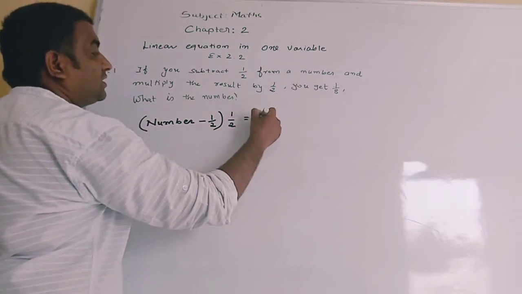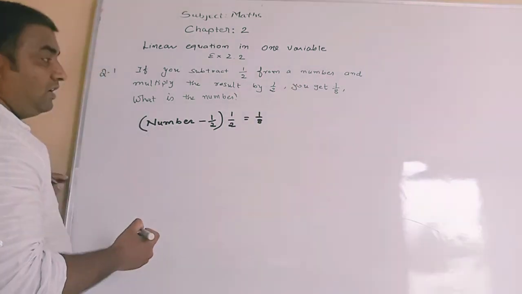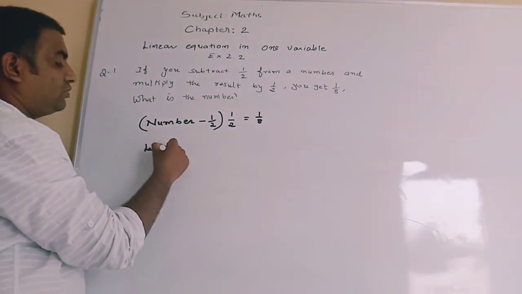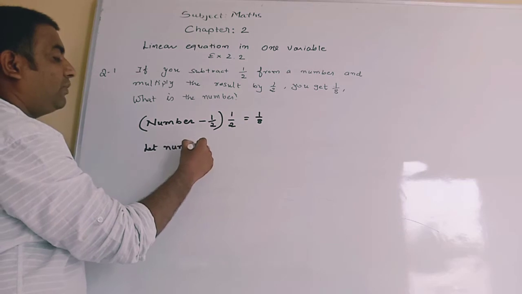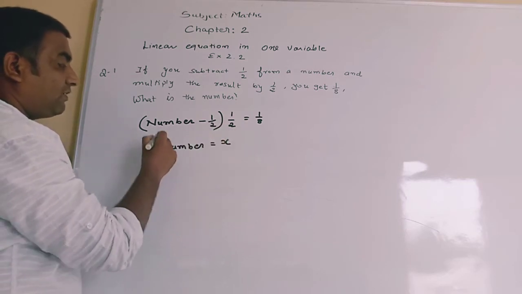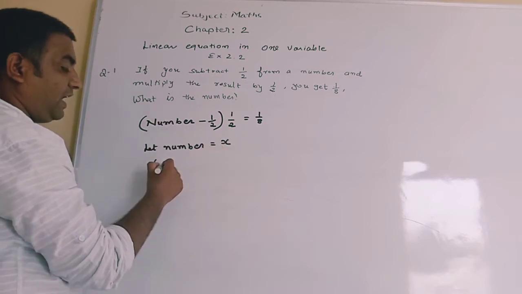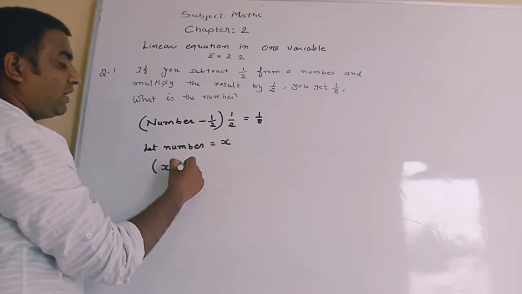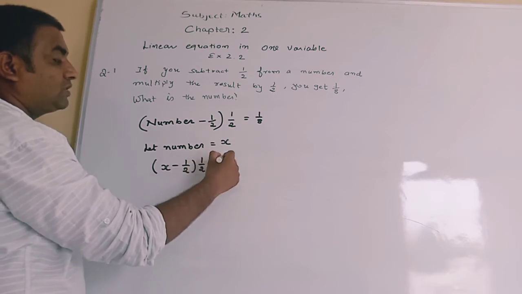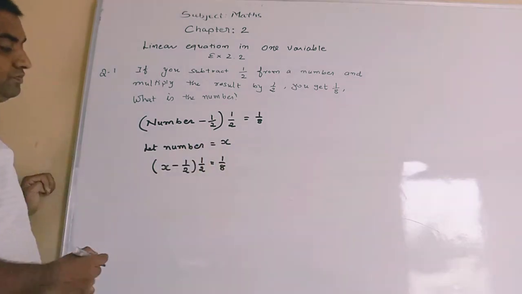Now we don't know which number it is, so let the number equal any unknown variable, we can write x, and so we will get the equation. In place of number we write: x minus 1 by 2, times 1 by 2, equals 1 by 8.